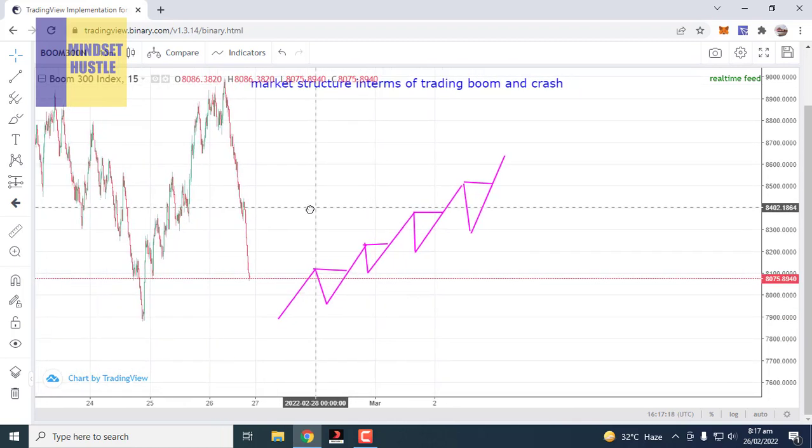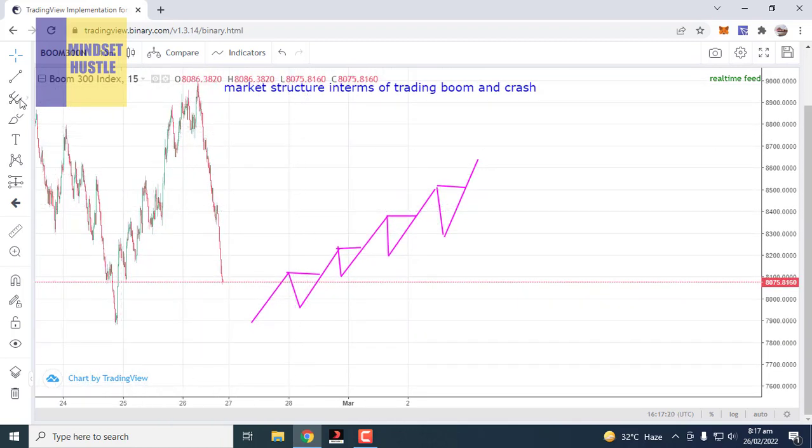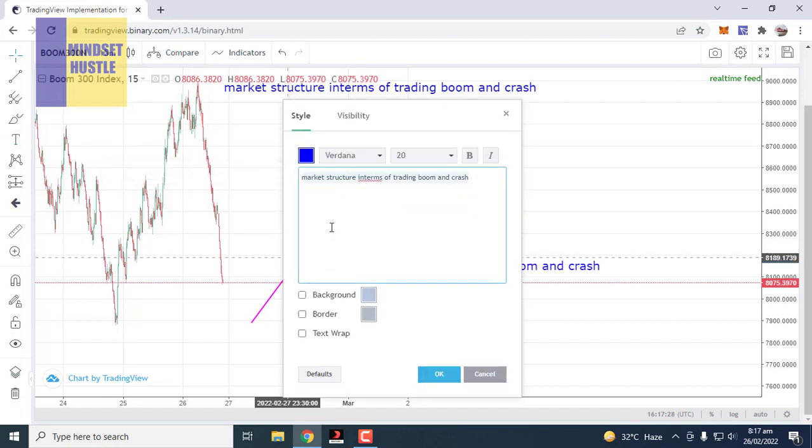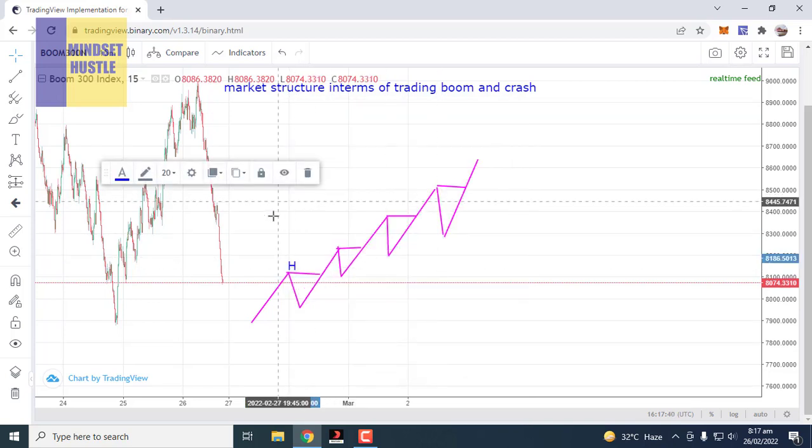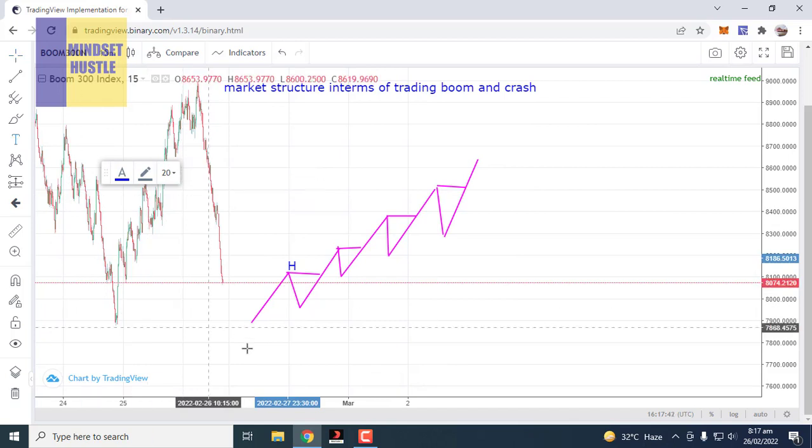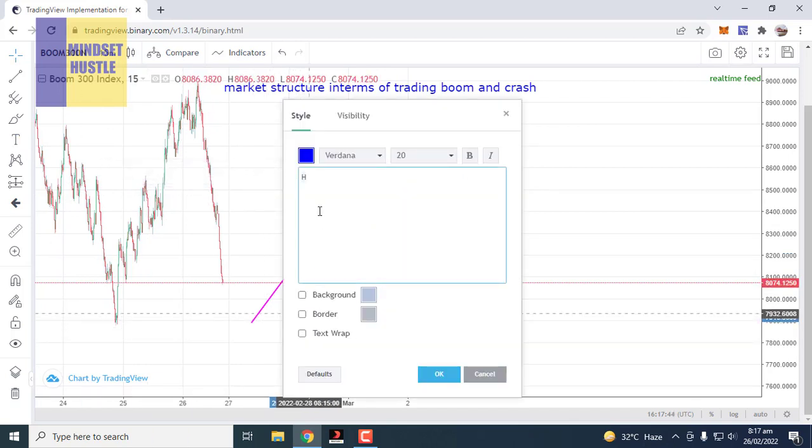Here you can see that as we move, the market is performing what we call a series of highs and lows.